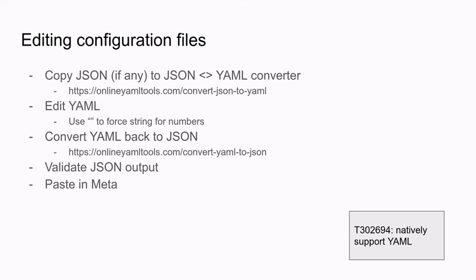We are currently deciding whether to go forward in this direction or not, because this is something that is not going to be useful once we get the visual editor. So we are seeing how much effort it is for Web2Cit to support YAML natively, but stay tuned and write your comments in the Phabricator task if you're interested, because we might support both JSON and YAML format natively so that you can just write your YAML files directly.